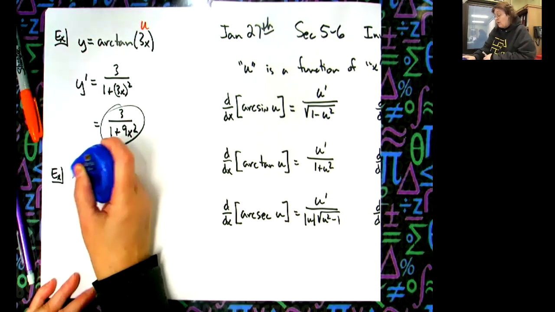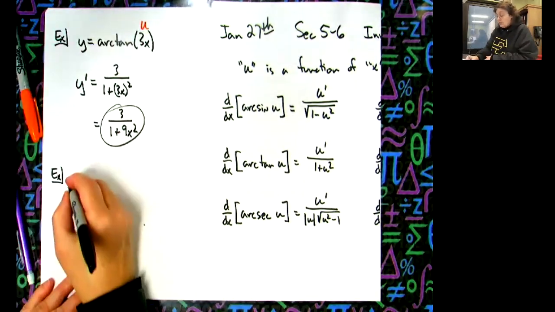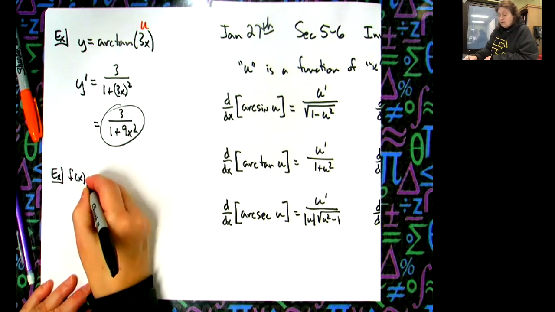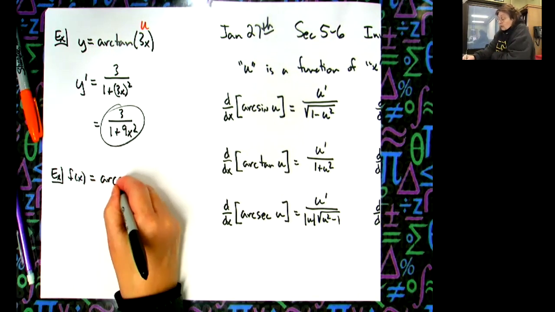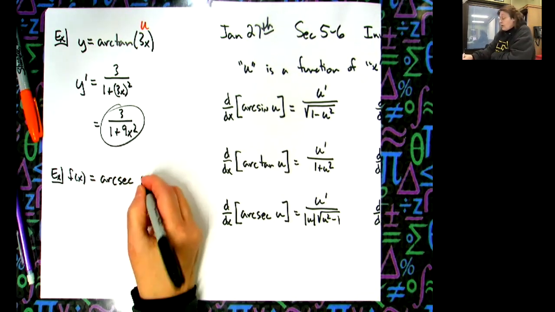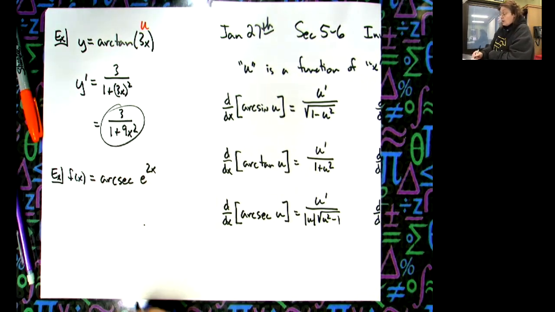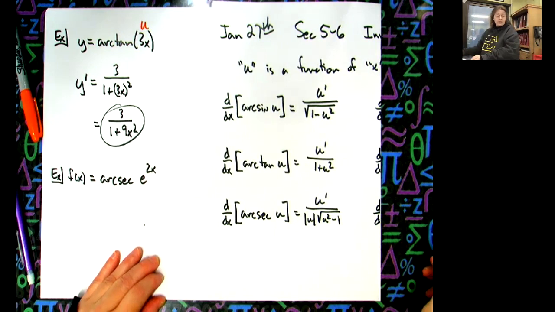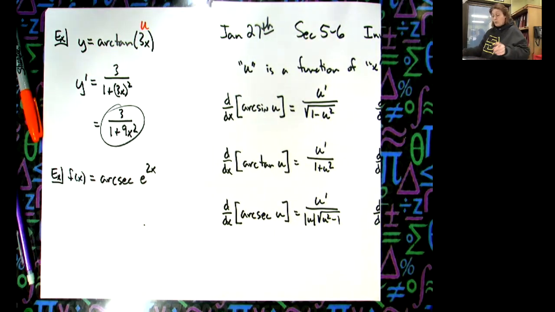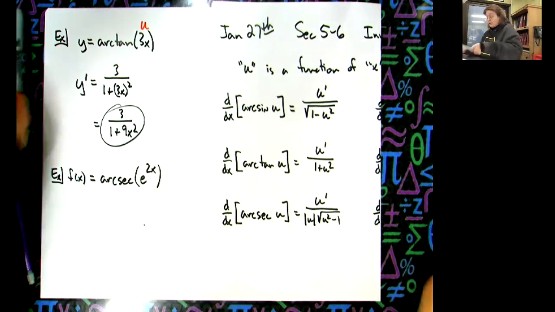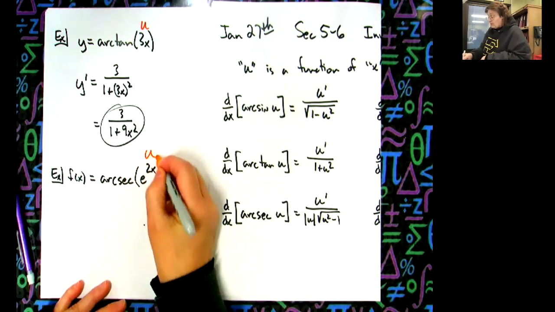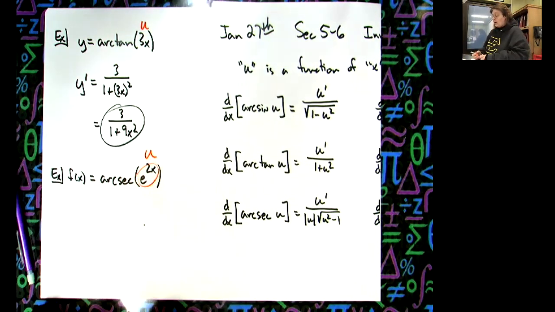I can make them f of x and it doesn't make any difference. So let's switch to an f of x, and let's say it's the inverse of secant, arcsecant of e to the 2x. I don't usually put parentheses around that, but you could, and you may see it in your book. That means this whole thing right here is going to be my u.